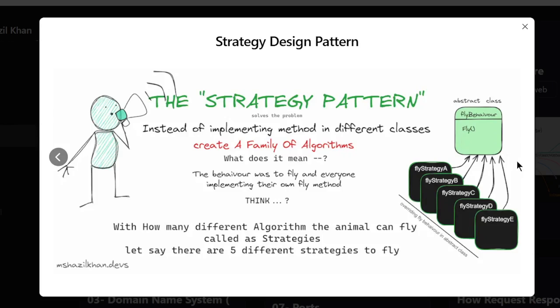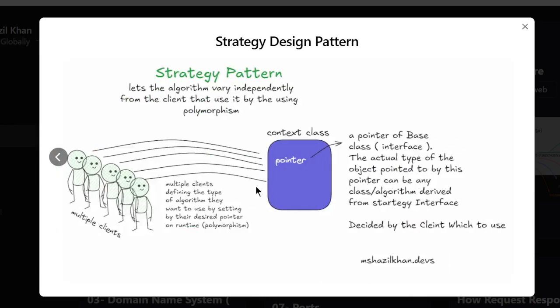In the next slide, these are the multiple clients, like these are the multiple animals, for example, that want to use the algorithm. This is a high level overview. So multiple clients define the type of algorithm they want to use by setting their desired pointer at runtime, using polymorphism.